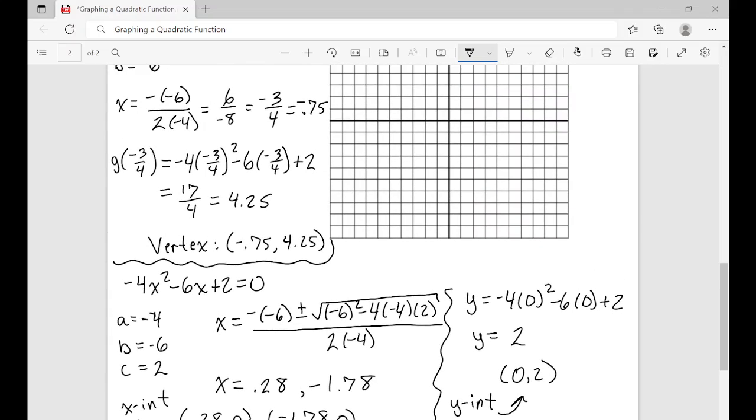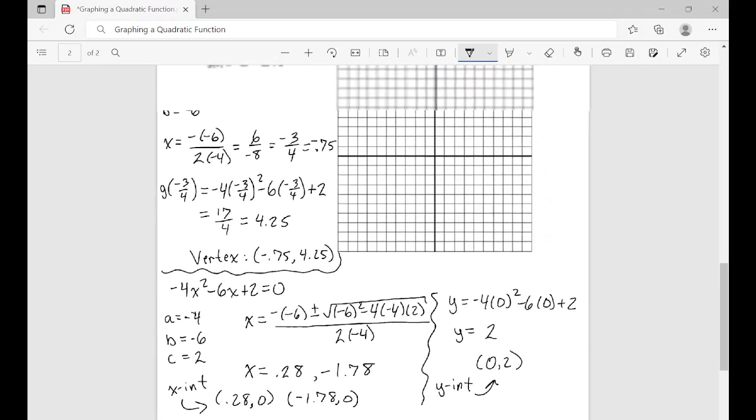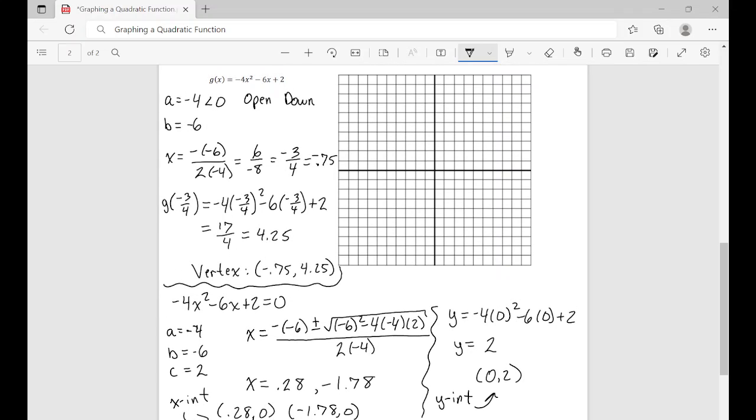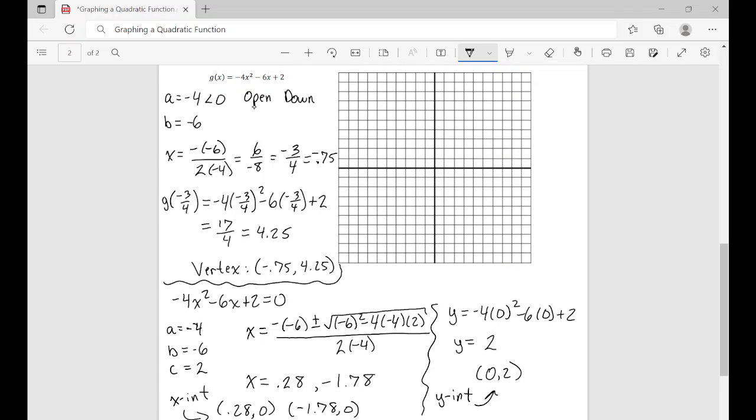So try and move it all into one screen so we can see it. So it would be kind of zoomed out far. That should be okay. So we know that this opens down, has a vertex of negative 0.75 and 4.25, our two x-intercepts here and our y-intercept here. So let's graph them. So negative 0.75 and 4.25, that's going to be right about here, and then 4.25, so 1, 2, 3, 4, and we'll say 1/4.